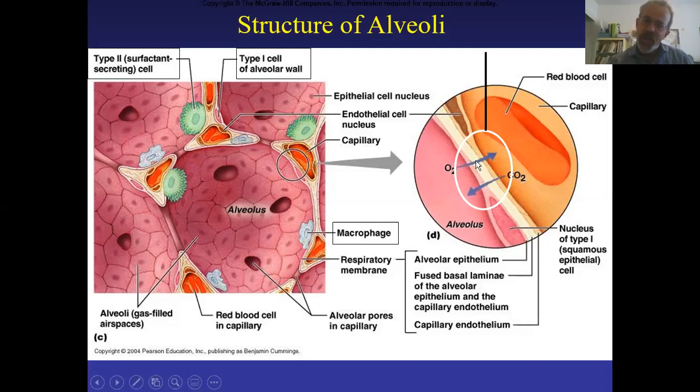And then in between that, we have this kind of glue, which is called the basal lamina. As long as that stays thin, which it usually does, we have rapid diffusion. People who have conditions such as pulmonary fibrosis or other types of conditions, this actually will get scarred, and this will make it a much thicker layer, which will make breathing more difficult.